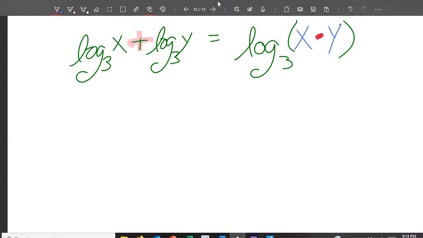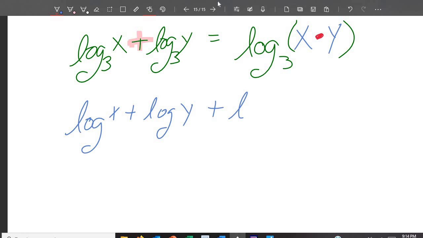Let's say I had, let's do this. Suppose I had log of x plus log of y plus log of 13. There's 2 plus signs. So this is multiplication.